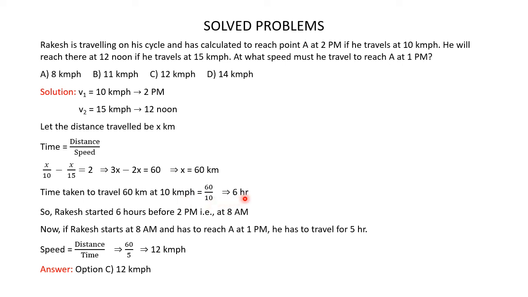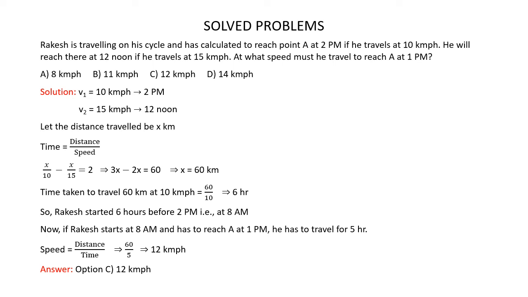So Rakesh will take 6 hours to cover 60 kilometers at 10 kilometers per hour and reach point A at 2 p.m. This means that Rakesh started 6 hours before 2 p.m. That is, he started at 8 a.m. Now we are asked to find the speed at which he must travel to reach point A at 1 p.m. So if Rakesh starts at 8 a.m. and he has to reach point A at 1 p.m., then he has to travel only for 5 hours.